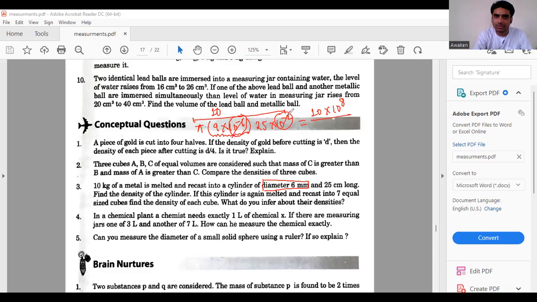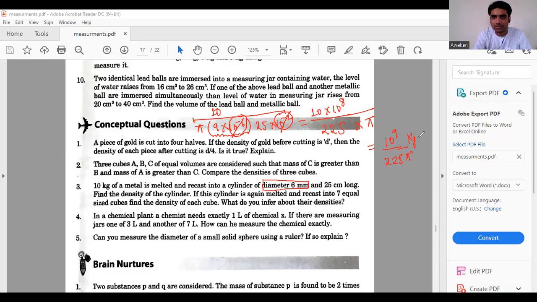And 25 nines is 225. 25 tens is 250, and 25 nines will therefore be 225, multiplied by pi. We can just leave it pi for the time being. So the answer is 10 to the power 9 by 225 pi kg.